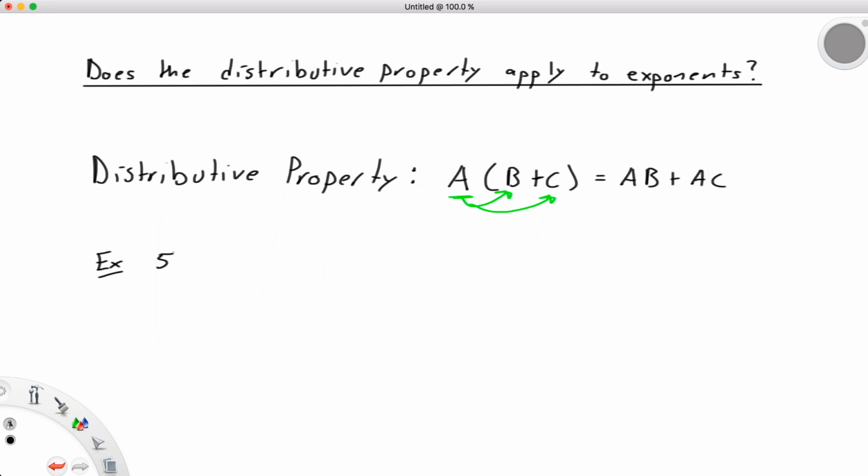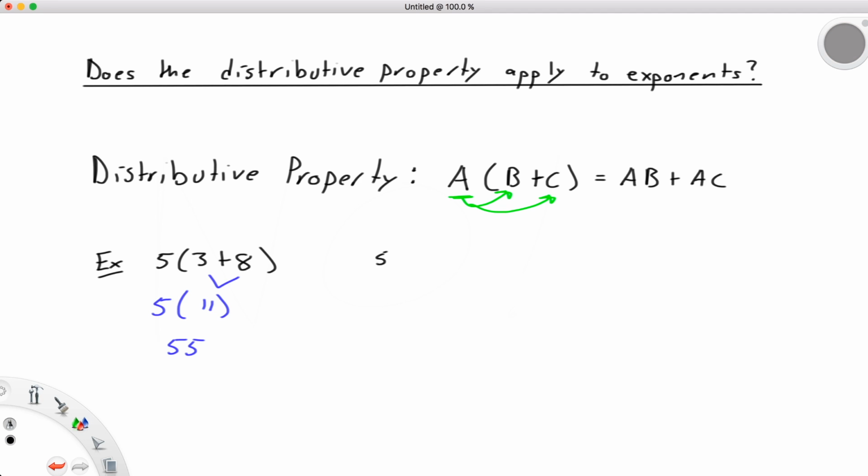Let's say we had an example like 5 times the quantity 3 plus 8. Of course, we can do what's in parentheses first here, and we can say 3 plus 8 gives us 11, and then 5 times 11 is 55. But alternatively, we could also distribute that 5.